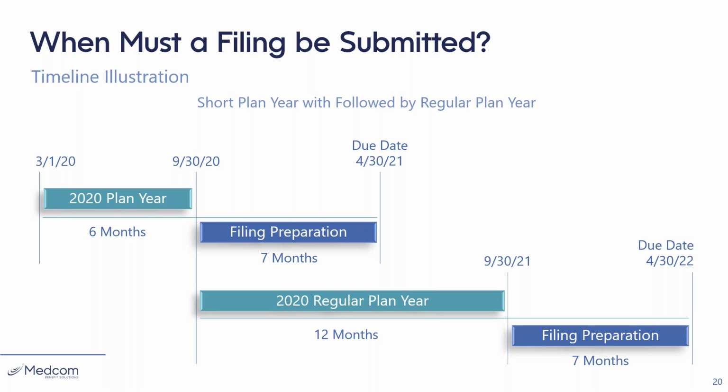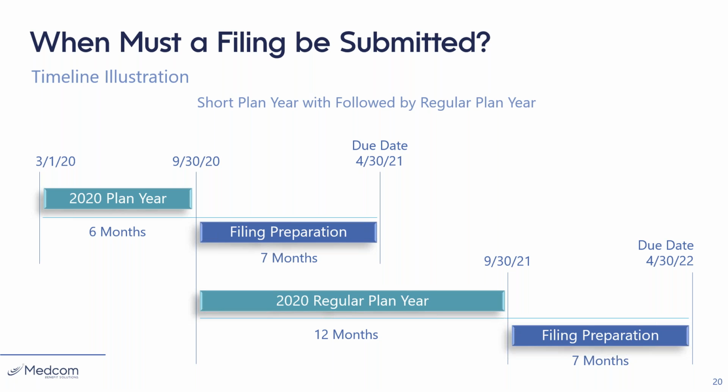So just to make things fun, what if we also have a short plan year involved? For the 2020 plan year, we have a short plan year of March 1st through September 30th. Well, the filing would still be due 7 months after the end of that short plan year. That doesn't change. So here, from 9/30, when the plan ended about 6 months early, we would have to have the filing in by April 30th, 2021.